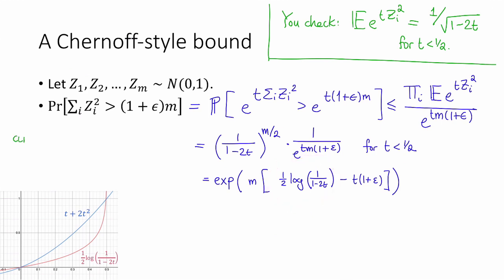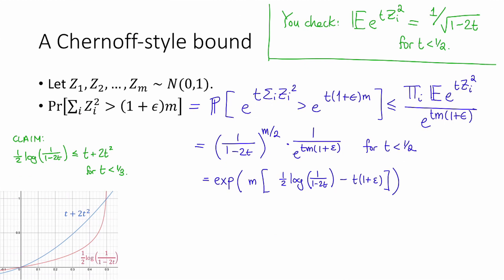So you can check that 1/2 times log 1 over 1 minus 2t is at most t plus 2t squared for any t less than, say, a third. You could check this formally, for example, by writing out the Taylor series for this expression, or you could just plot it and convince yourself.